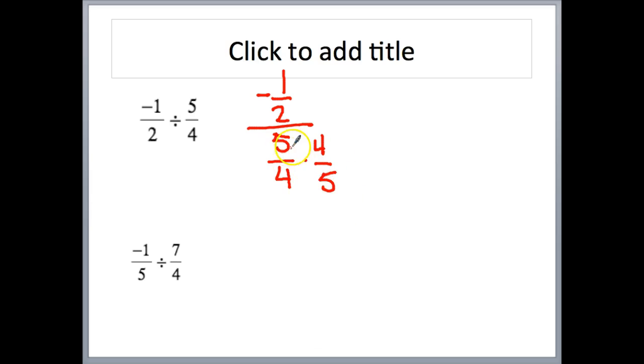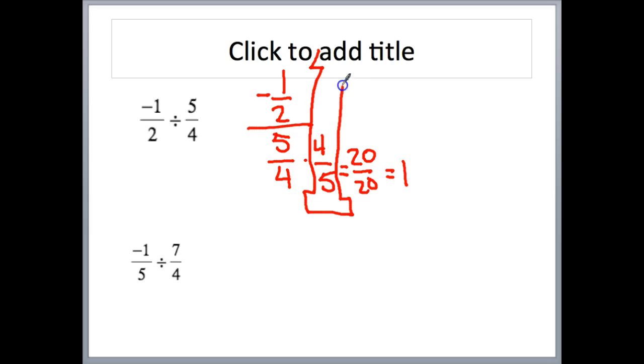So 5 times 4 is 20. 4 times 5 is 20. And 20 over 20 is 1. So now I don't have to worry about this. But again, I need to multiply top and bottom by the same thing because I don't want to change it. I need to multiply by 1.